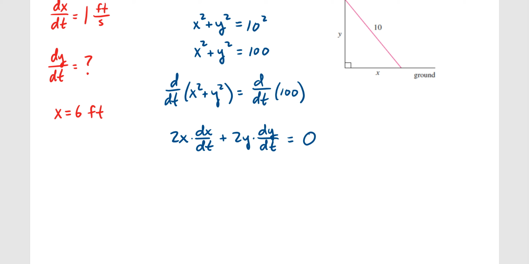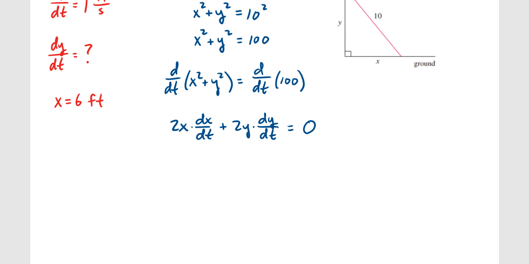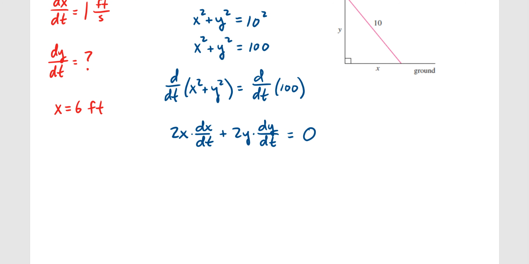So also notice for this, we're using this Leibniz notation, dx/dt, dy/dt. We're not using prime notation, x prime, y prime. Make sure you're using dx/dt and dy/dt. Okay, so let's go ahead and plug in what we have. We have dx/dt is 1, and x is 6.